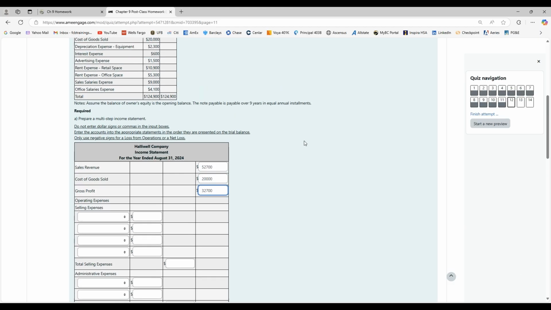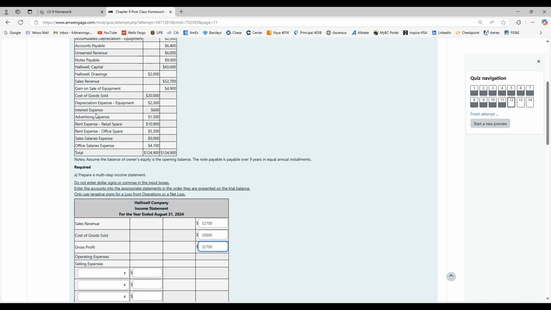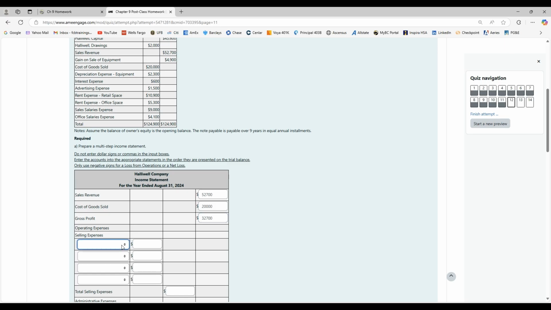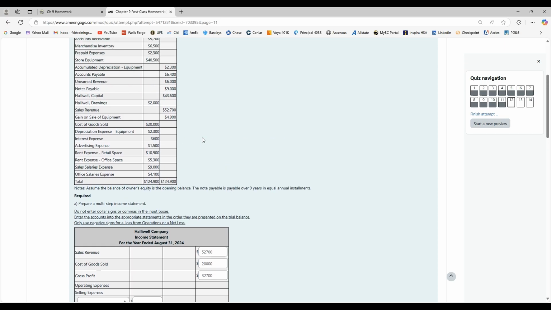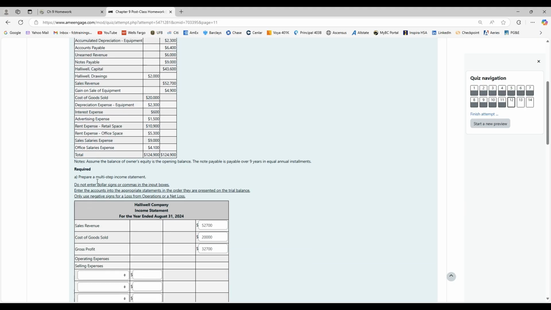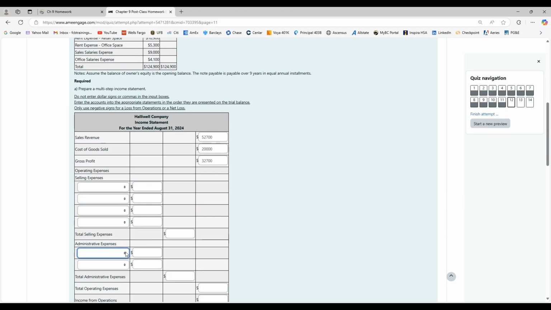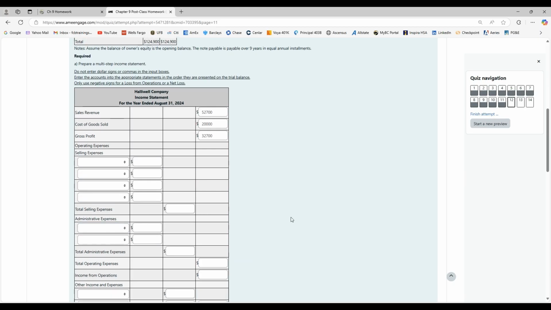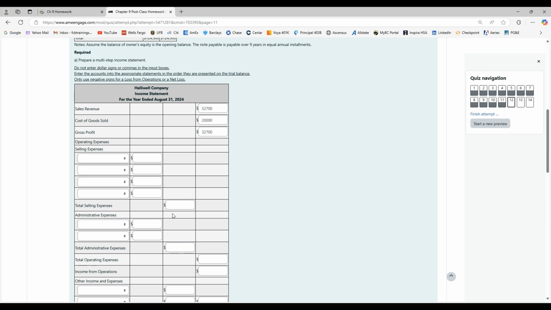Definitely a big change from the more simple style that we've done before. Okay, so we have to enter the accounts in the appropriate statement in the order they're presented on the trial balance. Okay, so we're going to put them in. We're sort of just putting this thing together as a puzzle.